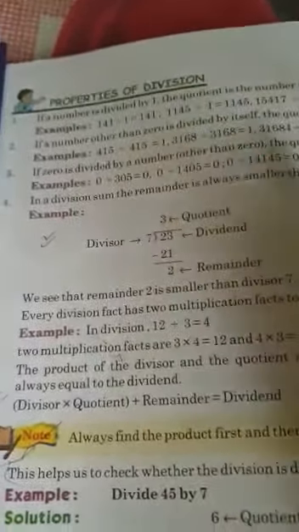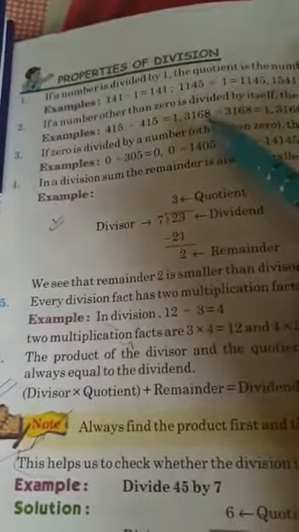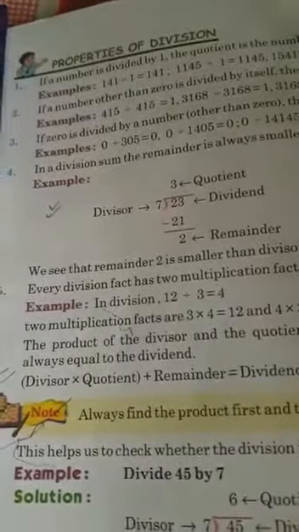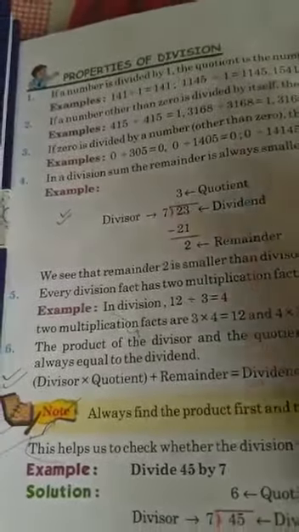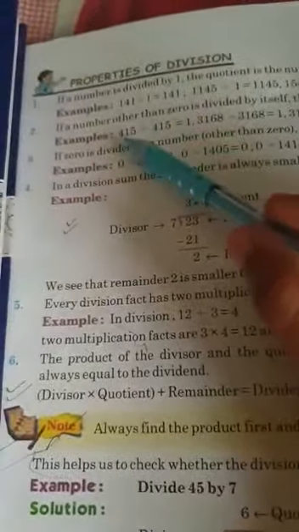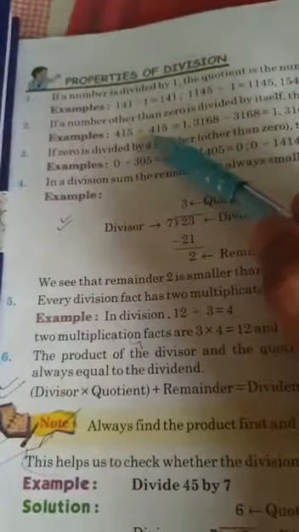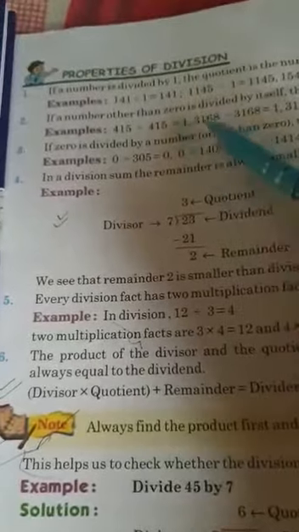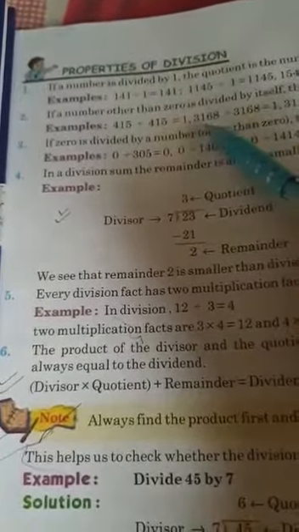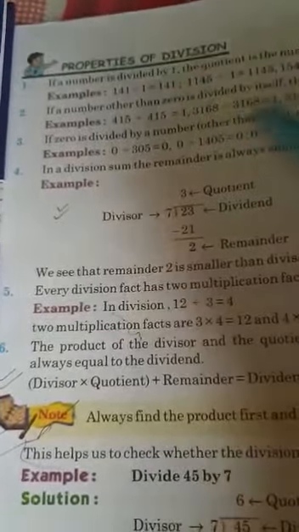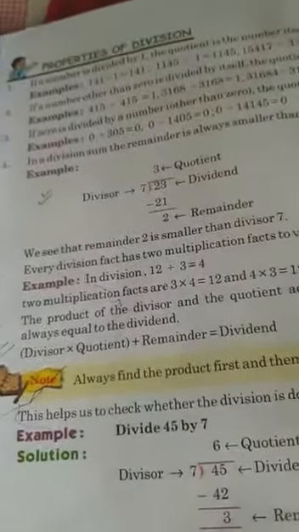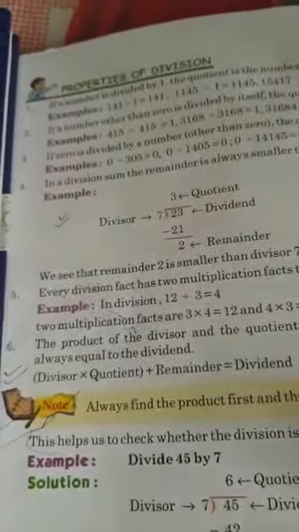Again I am going to repeat: when dividend and divisor are the same, we will get 1 as our quotient. Here 415 is divided by 415 and we got 1 as our quotient. Similarly, 3168 divided by 3168, we got 1 as our quotient.